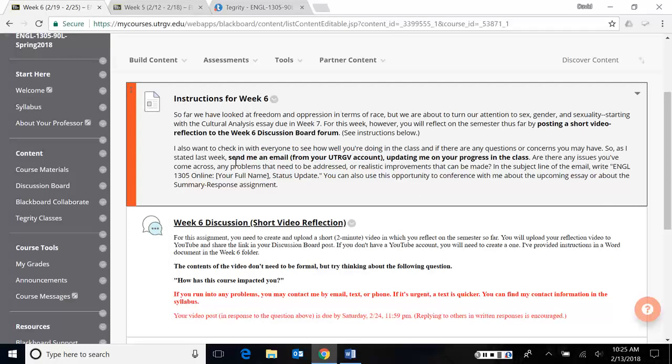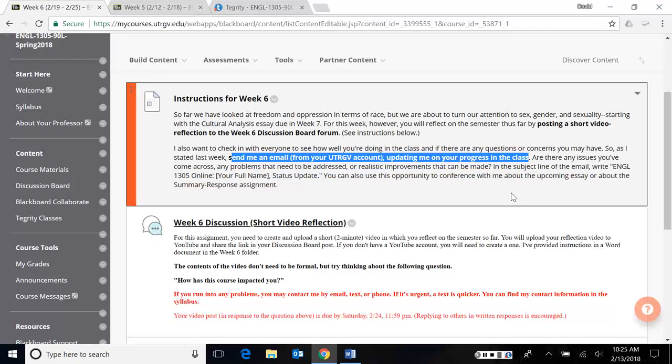But I want you, again, to send me an email that updates me on your progress in the class. I sent out emails to several of you already, because I got some alerts through Blackboard saying, so-and-so hasn't logged in so many days, or so-and-so hasn't done the last 2 assignments, or so-and-so has a really low grade.